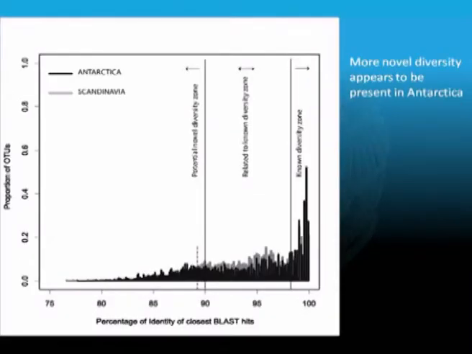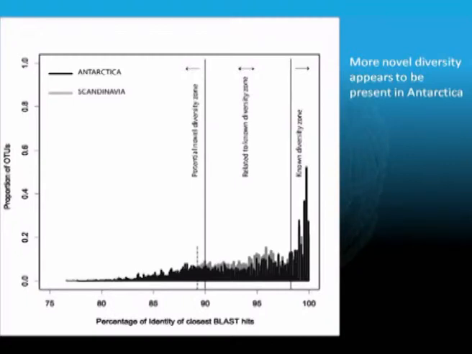Another thing we've done is we've blasted all our reads against NCBI, and we wanted to see if we were recovering more novel diversity from Antarctica than from our data set in Sweden. That's just to have something to compare with. This is one of the figures I showed before: the percentage of identity of the closest blast hit, and this is the proportion of OTUs.